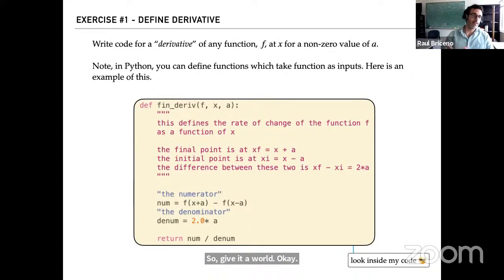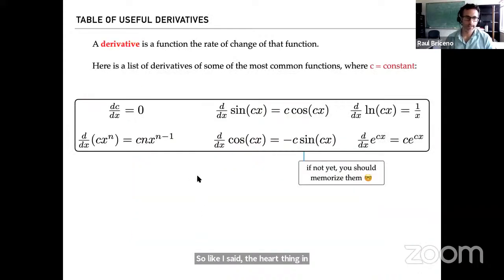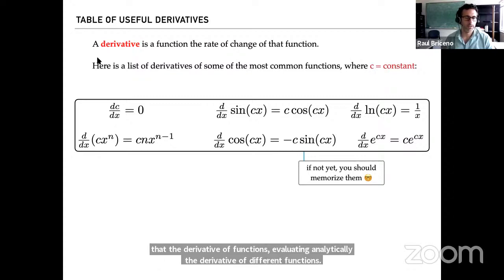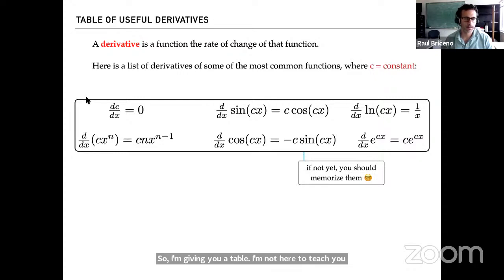So like I said, the hard thing in calculus is evaluating analytically the derivative of different functions. So I'm giving you a table. I'm not here to teach you calculus. What I'm here to do is basically show you how to evaluate these things numerically.